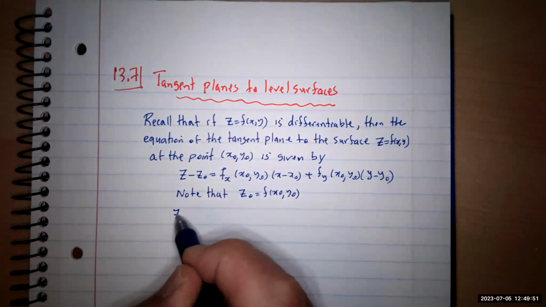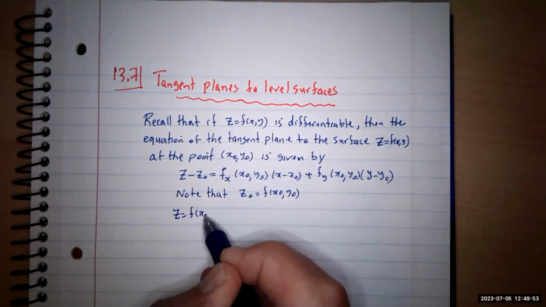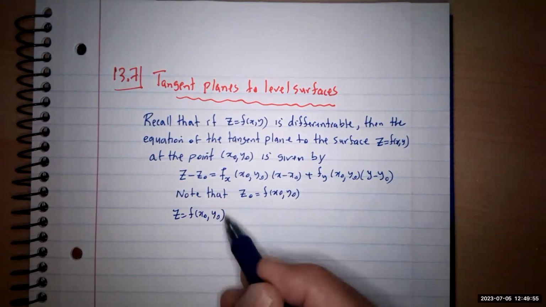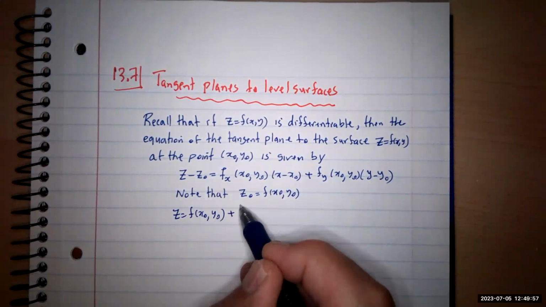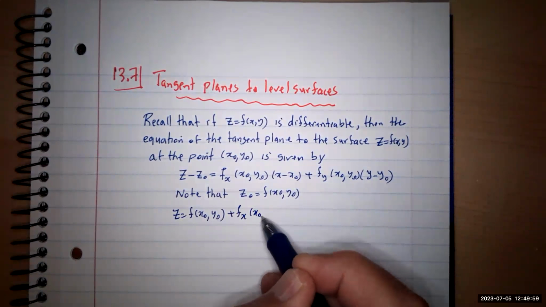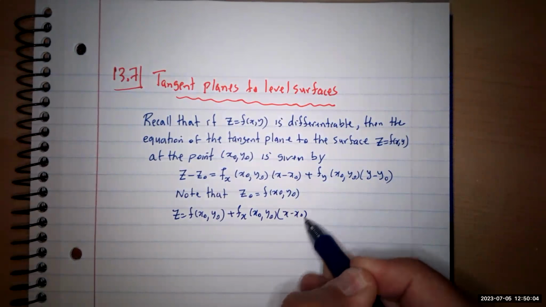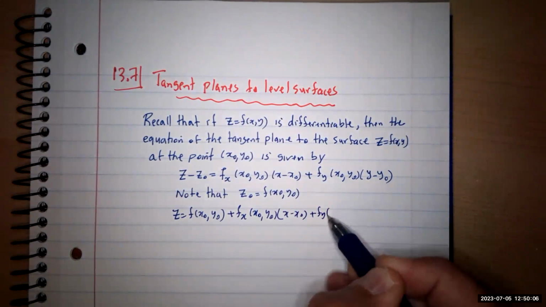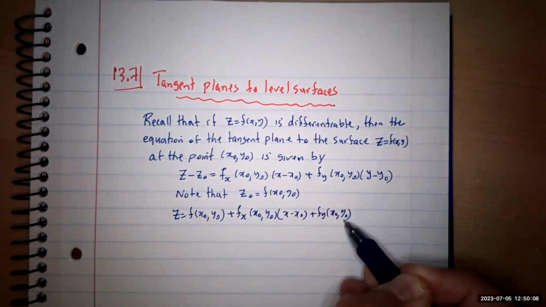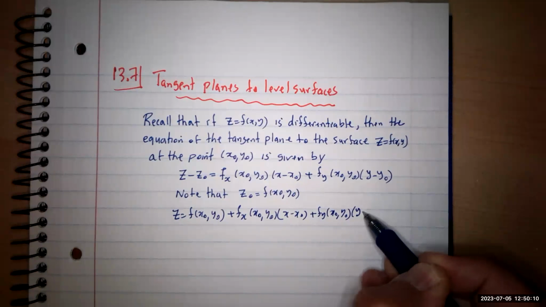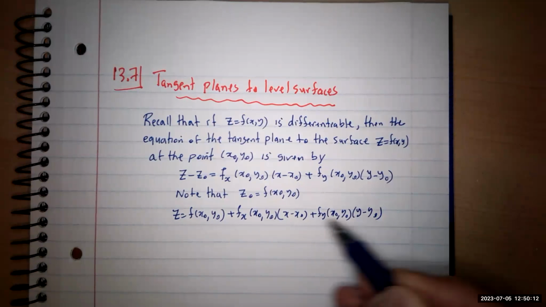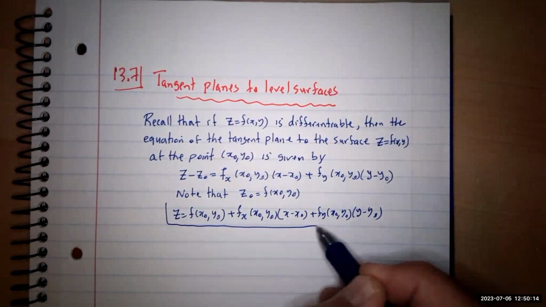You move it to the other side, and this is it. It's the one you did before, but you call it the linear approximation. You see, that's the one that you know for 2 dimensions.